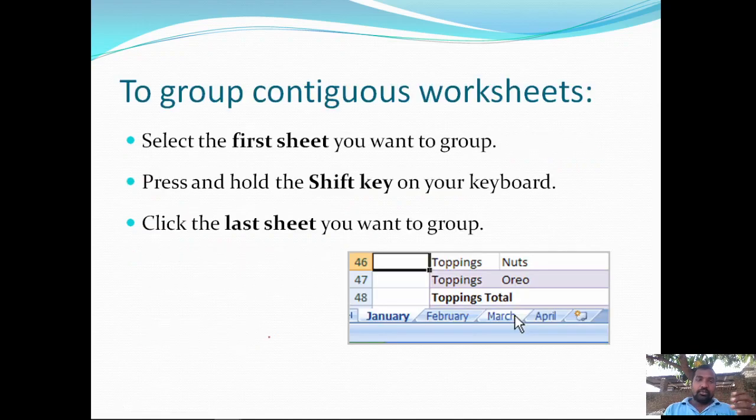Okay, so to group continuous worksheets, remember this word, continuous worksheets. For example, here in the image, January is the present sheet, and I want to group all these worksheets continuously.